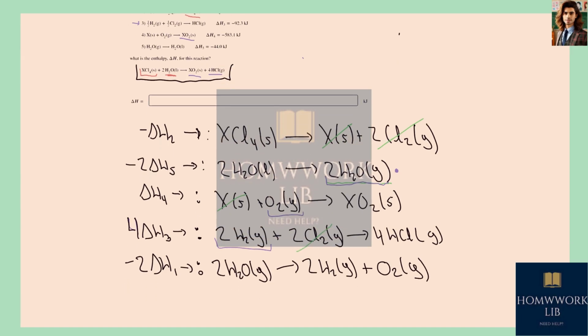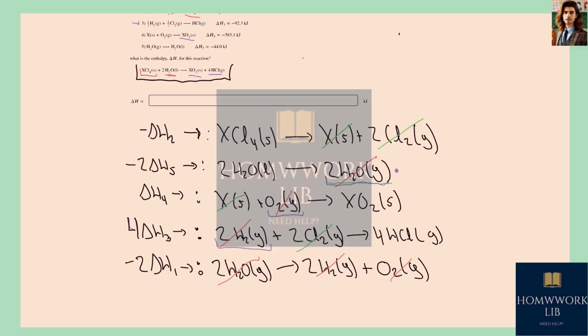And as you can see, now everything cancels out properly, and we're going to get only the reactants and products that we require. Over here we have water as a gas, which cancels with 2 of water as a gas here. Oxygen as a gas cancels with 1 oxygen as a gas here. And 2 hydrogens as a gas cancels with 2 hydrogens as a gas here.